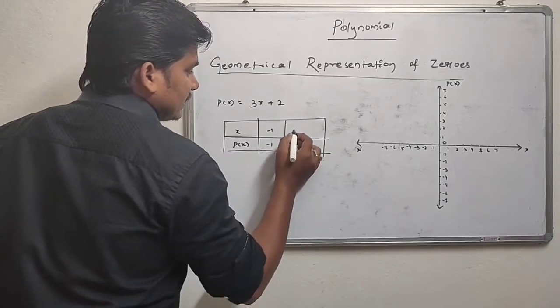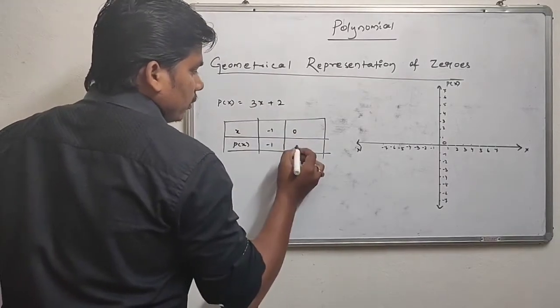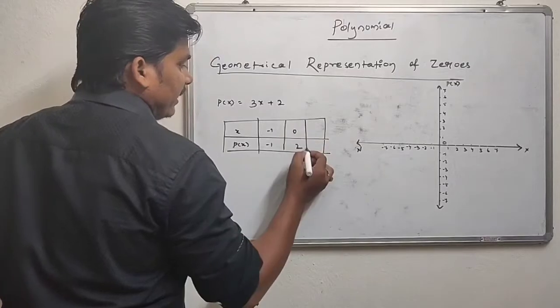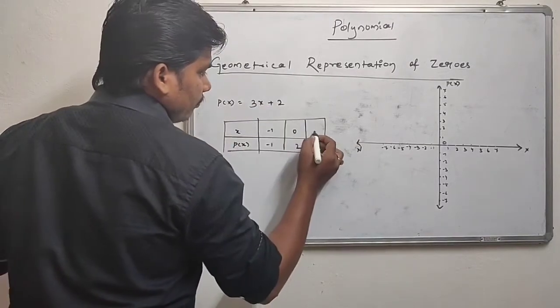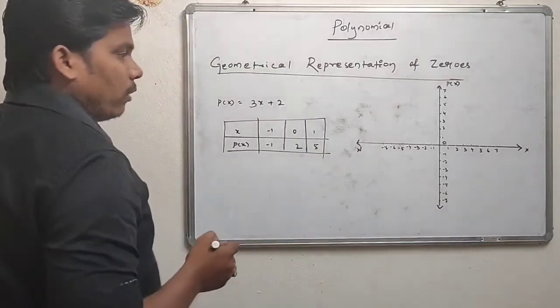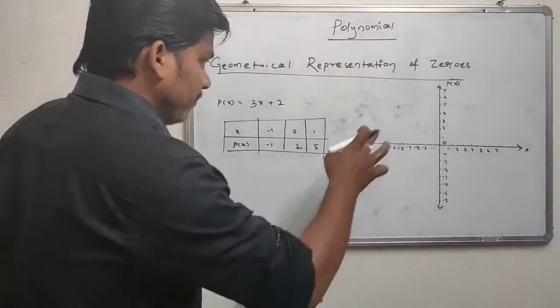And if I take x as 0, then the value is 2. If I take x as 1, 3 into 1 will be 3 plus 2 is 5. Now I will put the values in the graph here.